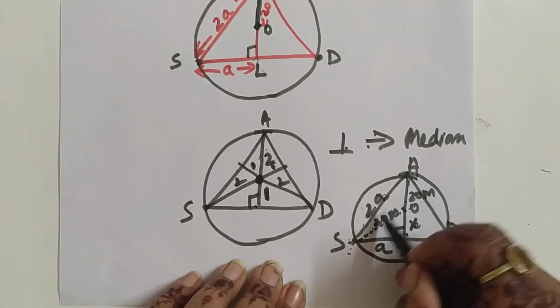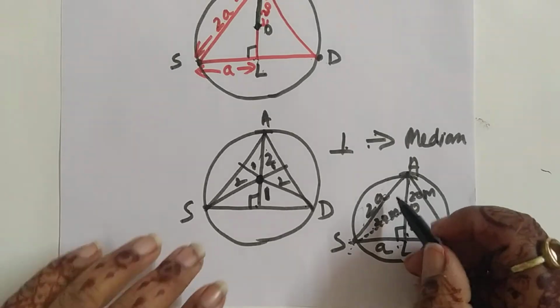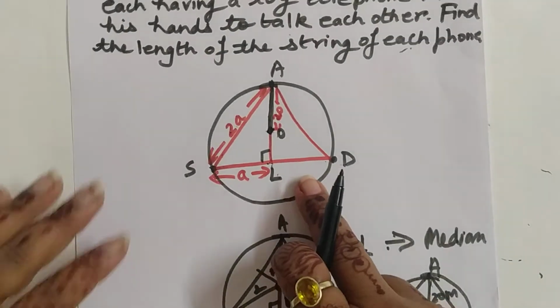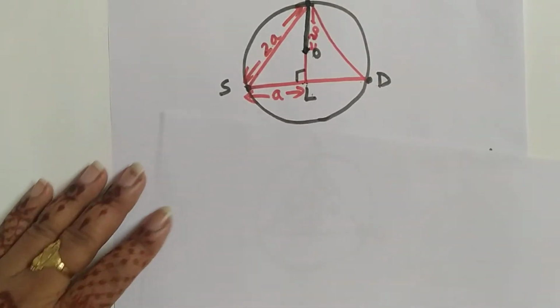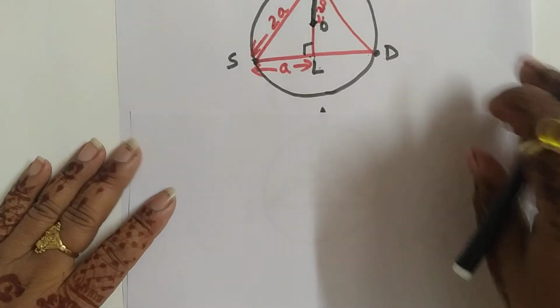Basically हमें 2a डिस्टेंस चाहिए, but I am using here this figure and making this using the property of equilateral triangle.